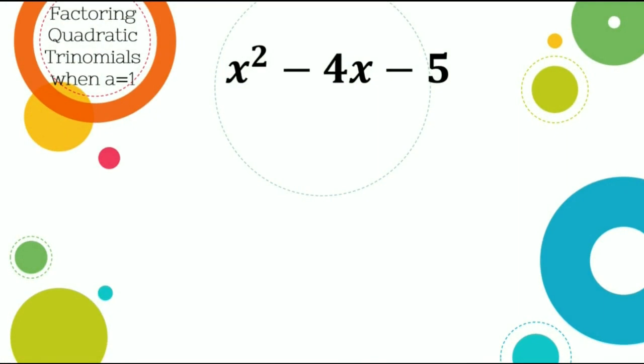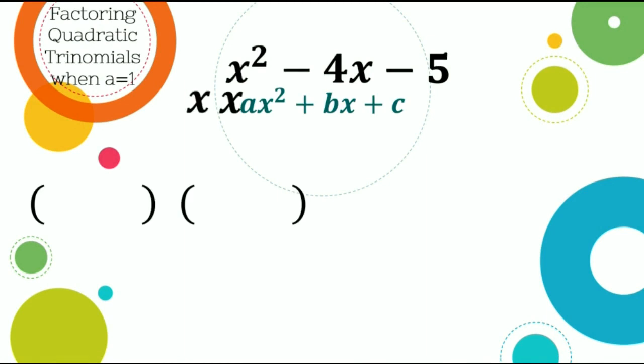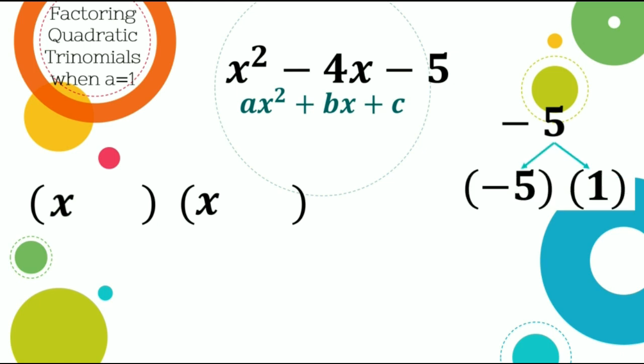Let us have now x squared minus 4x minus 5. Double check if there is a GCF and if the given is written in standard form. Factor the first term. Factors of x squared is x times x. And then let us have the factors of the third term, which is negative 5. So we have negative 5 times 1 and 5 times negative 1.